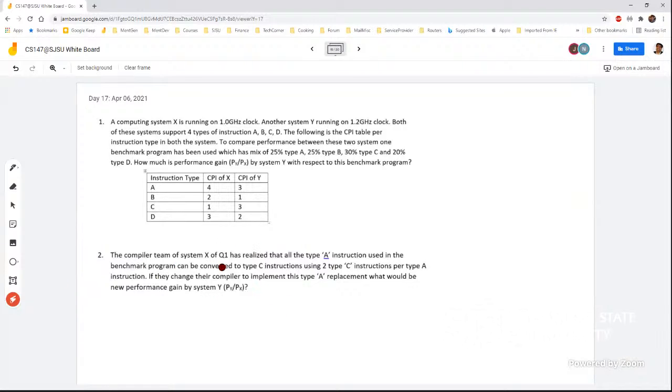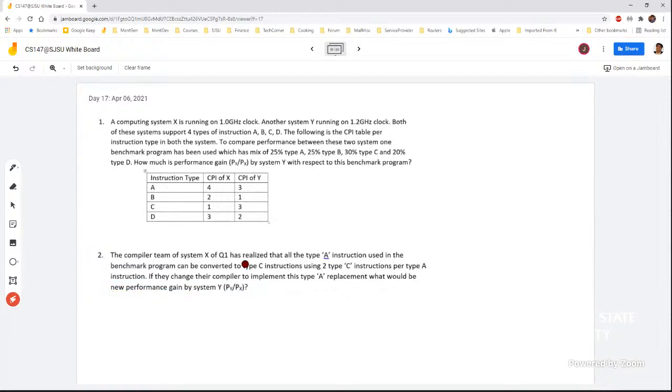The compiler team of system X from question one realized that every type A instruction used in that benchmark program can be converted into two type C instructions. So instead of one instruction from set A, the compiler can spit out two instructions from set C, which will increase the number of instructions in the compiled program. Now, if they change their compiler to implement this type A replacement, what would be the new performance gain?